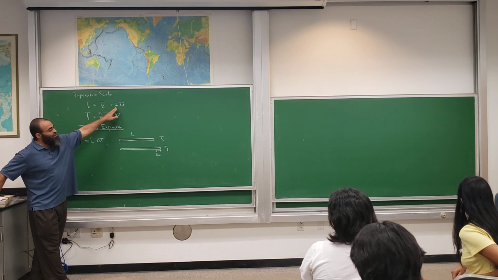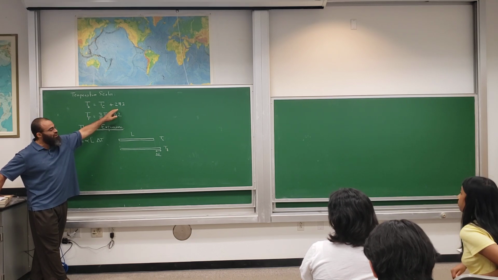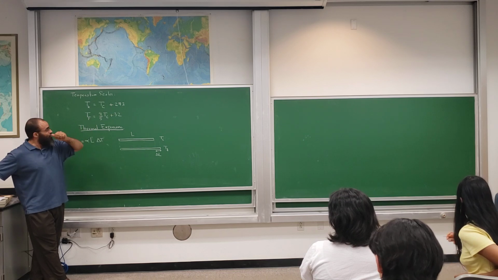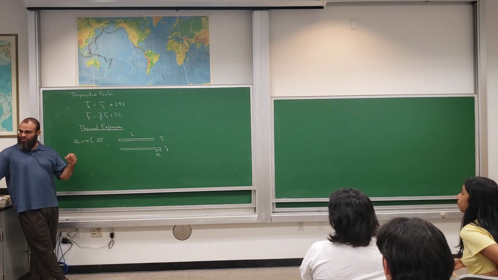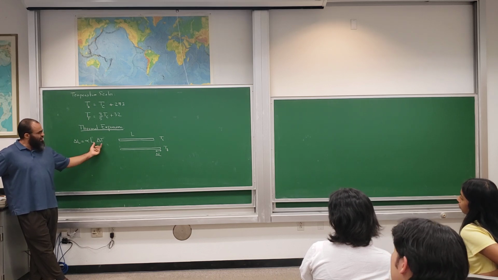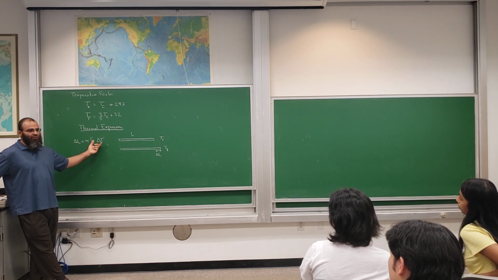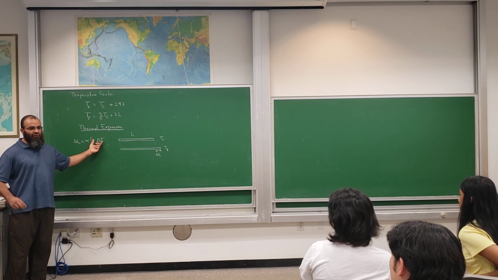So you will add 273 to the initial temperature, you add 273 to the final temperature, but for the change, you subtract them from each other, so the 273 cancels anyway. So a change of 1 degree Celsius is a change of 1 Kelvin. So if you really want to play safe, and you don't remember, okay, use Kelvin. But it's a change, so a change in degrees Celsius or a change in Kelvin is the same.